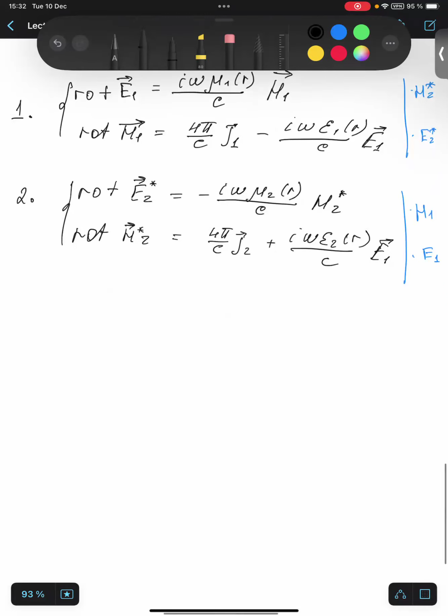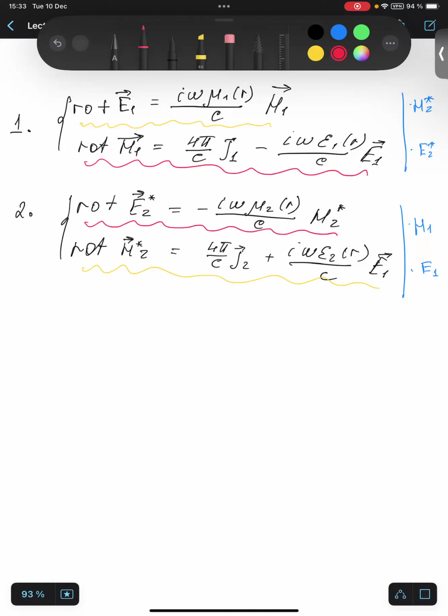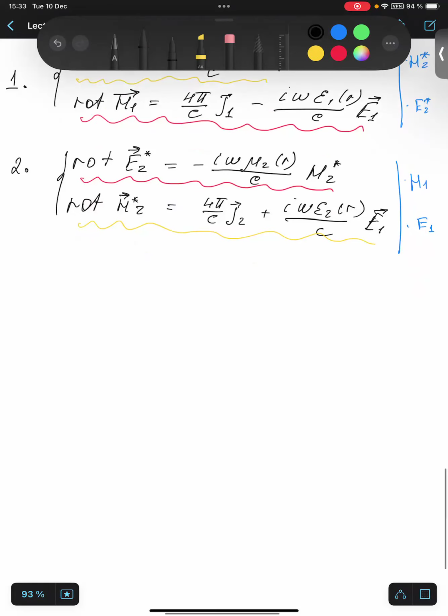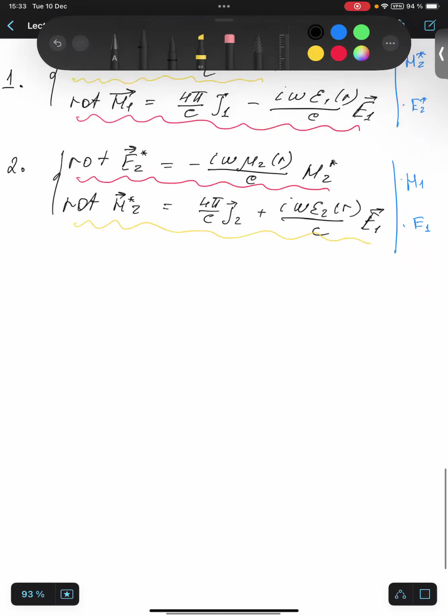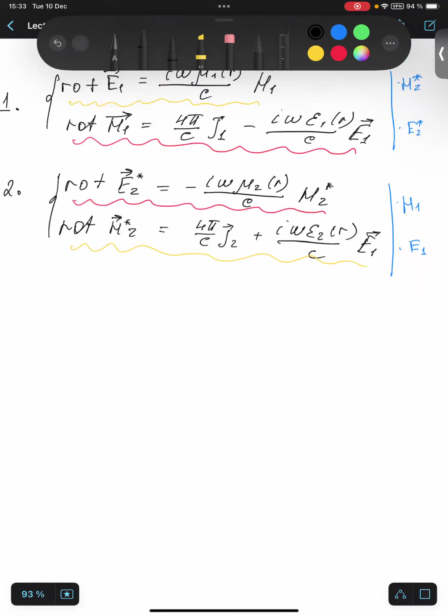Let's do it. First, let's consider this equation. Sorry, no, not this one. This one and this one also. And let's subtract them.